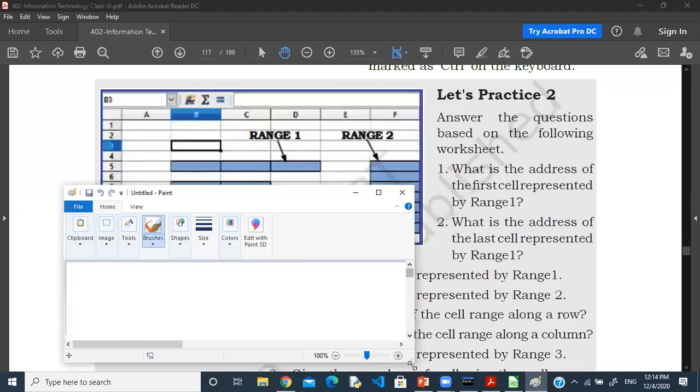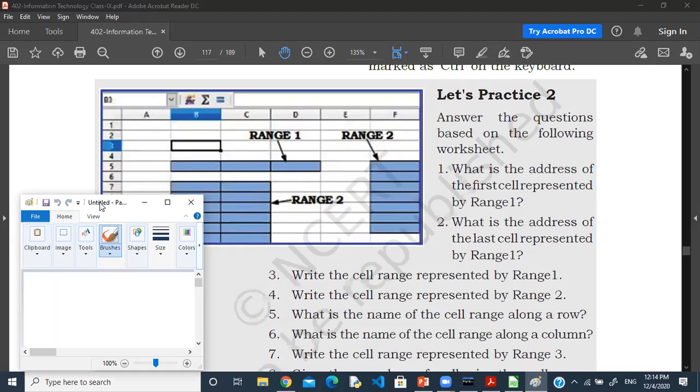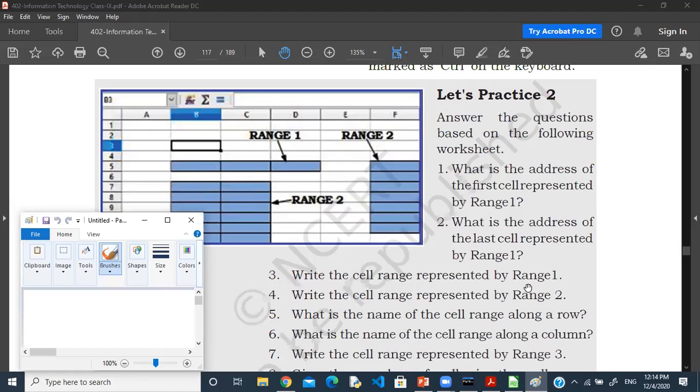So here I'm going to write the answer. Write the cell range represented by range 1. That's done. Write the cell range represented by range 2.